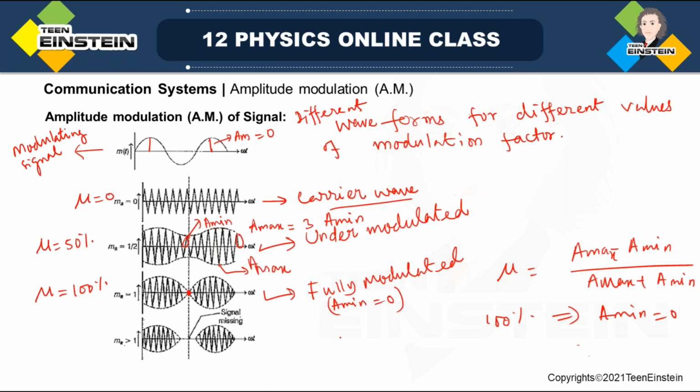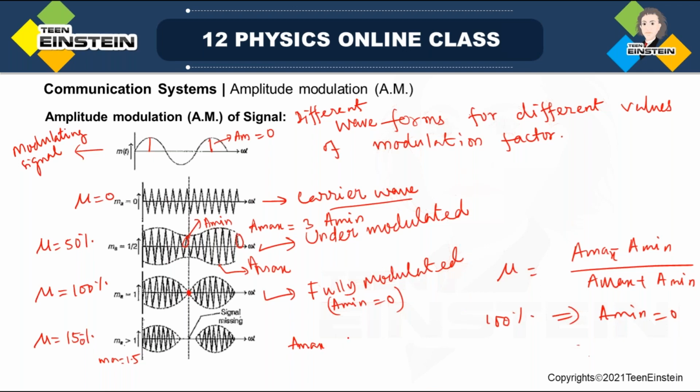Fully modulated. Now look, if the mu is more than 100%, I can take some arbitrary value of 150 percentage, or 1.5. Here ma, suppose 1.5. So at that condition, what will happen?